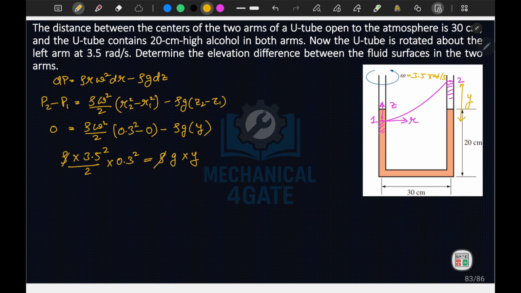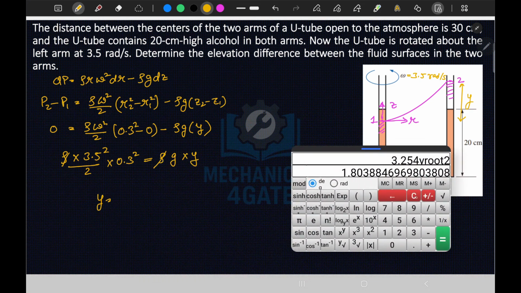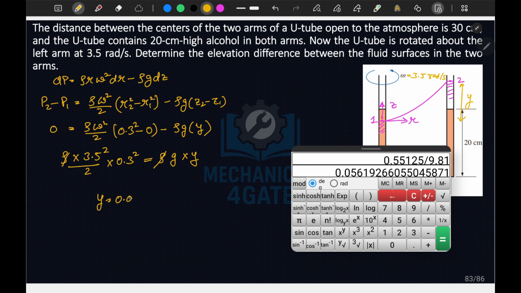Rho and rho will cancel out, so we can write y is equal to 3.5 square into 0.3 square, divided by 2, divided by 9.81, so your y is equal to 0.0562 meter, which is equal to 5.62 centimeter, or simply 5.6 centimeter. So this is your answer here.